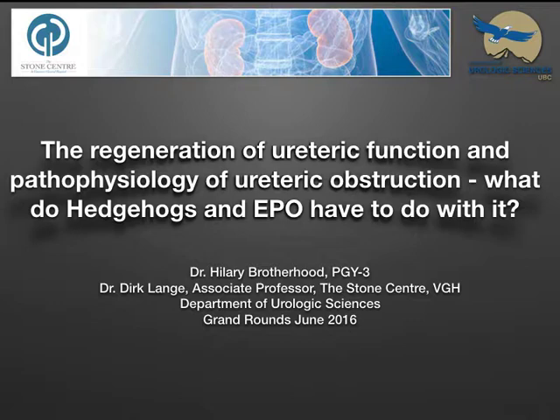So again, the question is, can we target molecular pathways such as the Hedgehog pathway to maintain peristalsis with a stent in place, because that could potentially result in improved urine flow and less patient discomfort with a stent in place.